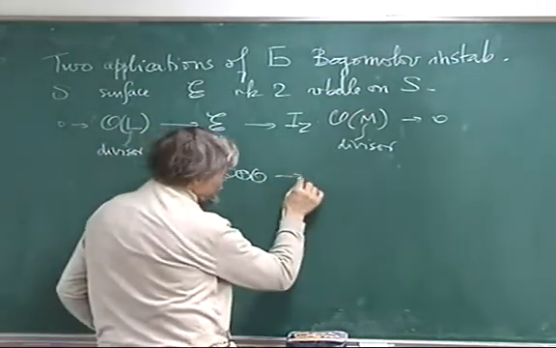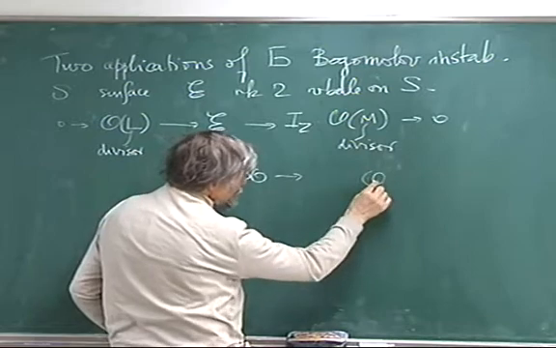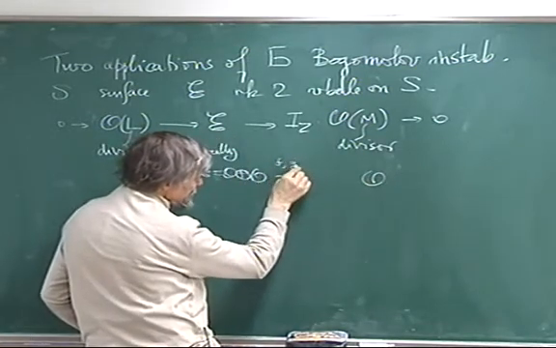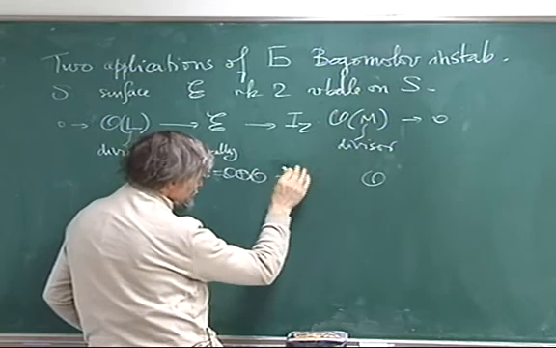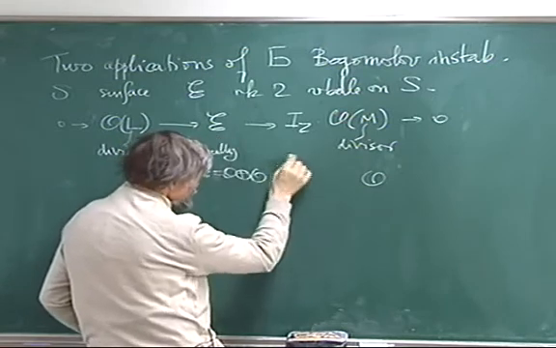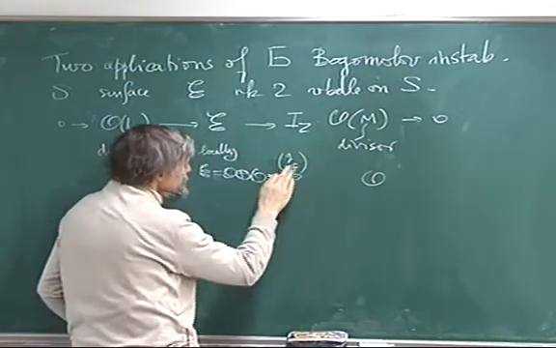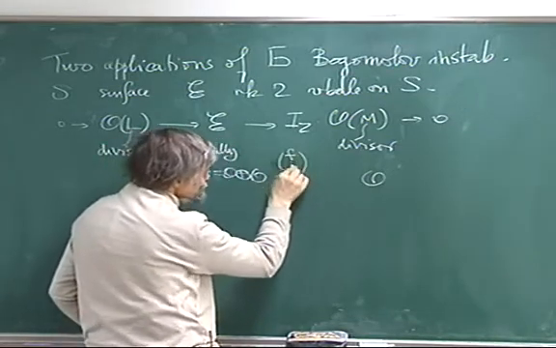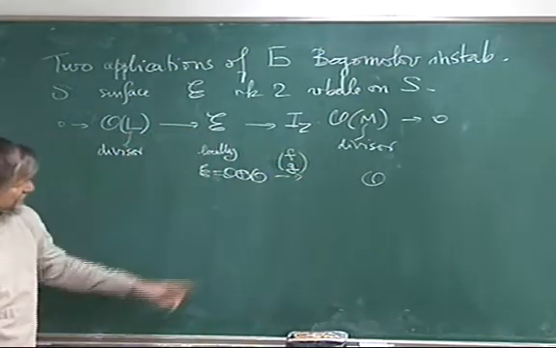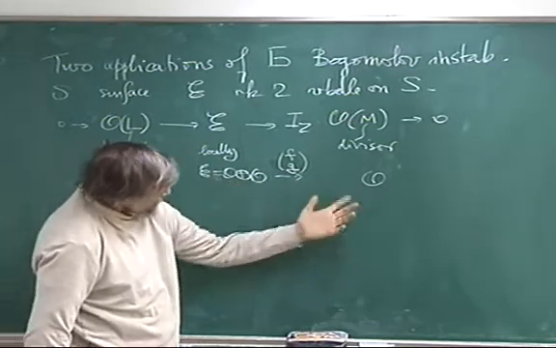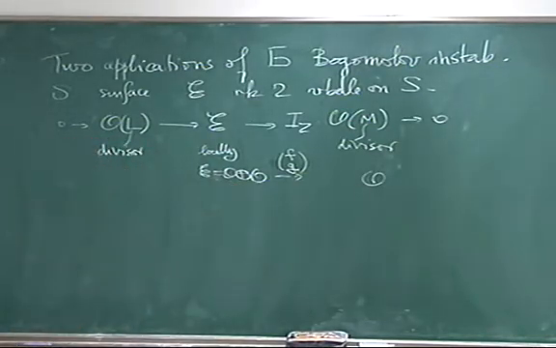And this is mapping to something here which also looks like O. And this map is going to be given by F, G. I think I want to write this. There's no good way of writing it. Let me write FG. So these two guys are just two maps from O to O, so they're just locally defined functions.